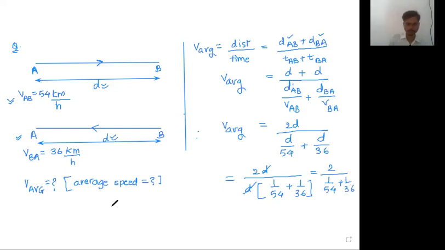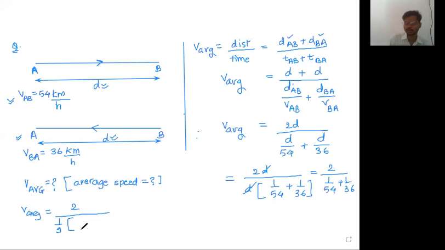Now let us calculate further. 54 is divisible by 9, and 36 is also divisible by 9, so 1 by 9 we can take common.